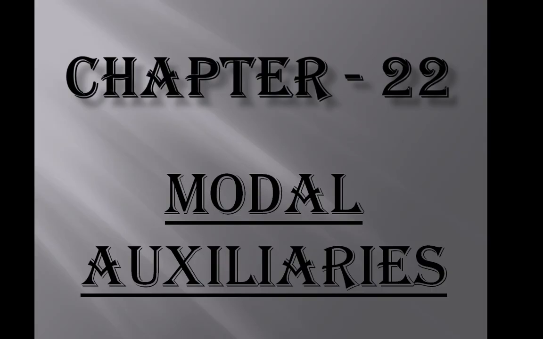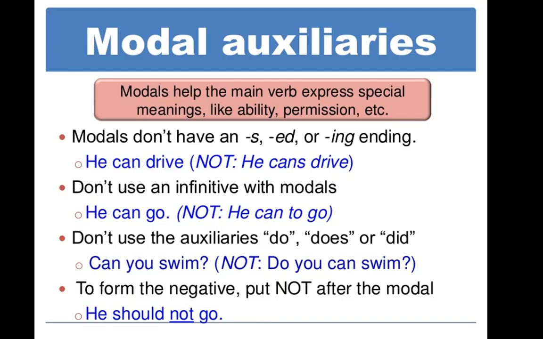Now the next chapter comes to the modal auxiliaries. In the modal auxiliaries, we will see that modals help the main verb to express special meanings, like ability, permission, possibility, advice, obligation, past habit, and future tense.